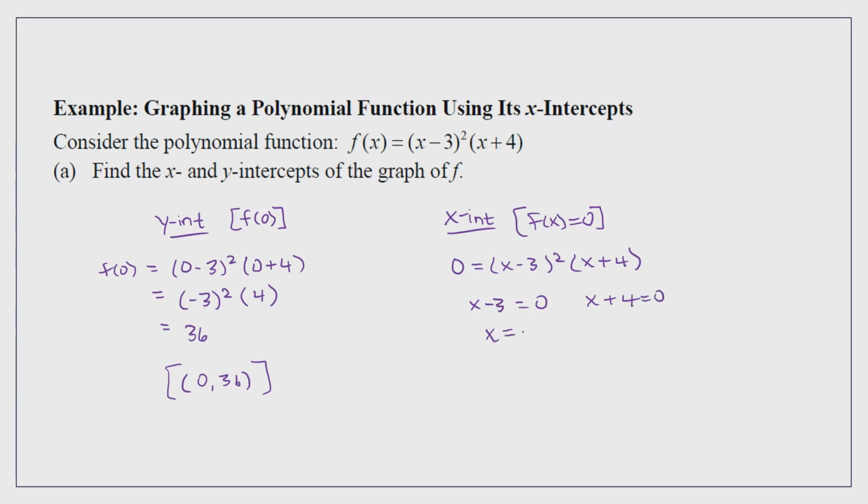So x equals 3 and x equals negative 4. So our x-intercepts are (3, 0) and (-4, 0). So we found the x-intercepts of our graph.